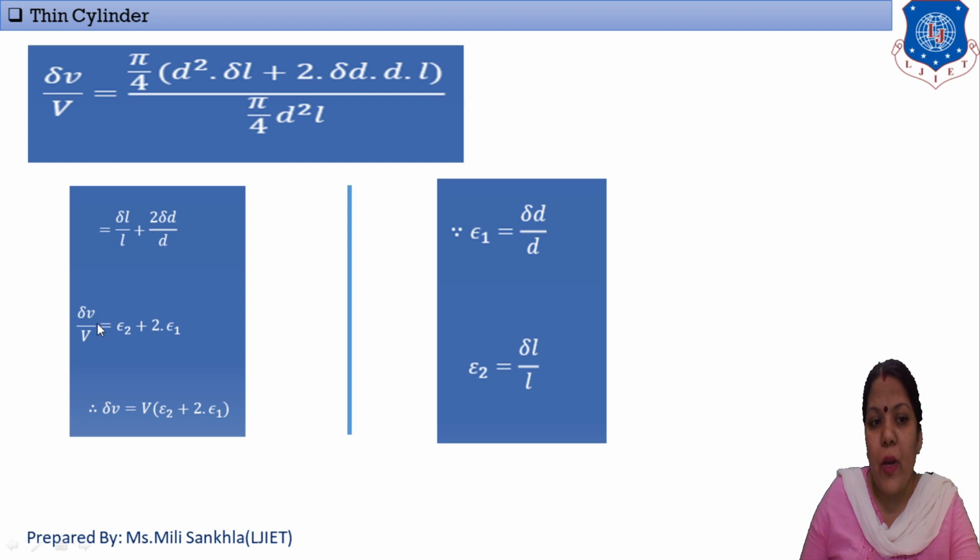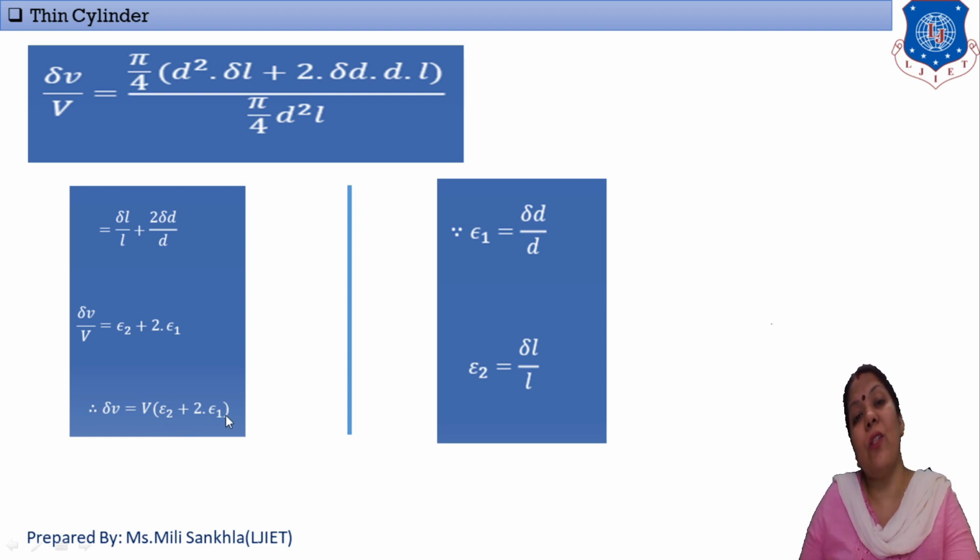Change in volume divided by volume, that means our volumetric strain, is equal to epsilon 2 plus 2 times epsilon 1. This is the volumetric strain. If the question asks to find change in volume, simply cross multiply: volume into (longitudinal strain plus 2 times hoop strain) is our change in volume. Here our theory of change in volume for thin cylinder is complete.